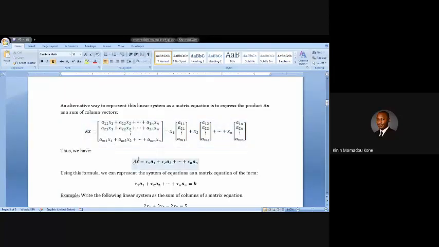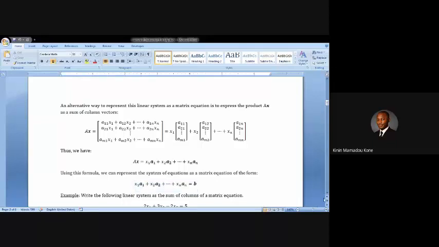Thus, we have the matrix A times the column vector x equal to x sub 1 times the column vector a1 plus x sub 2 times the column vector a2 plus dot dot dot plus x sub n times the column vector an. Using this formula, we can represent the system of linear equations as a matrix equation of the form x sub 1 a1 plus x sub 2 a2 and so on equals b.